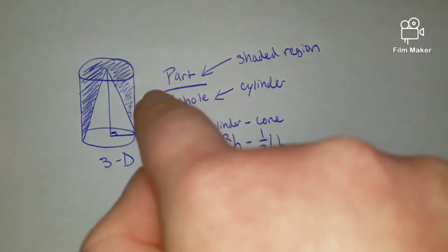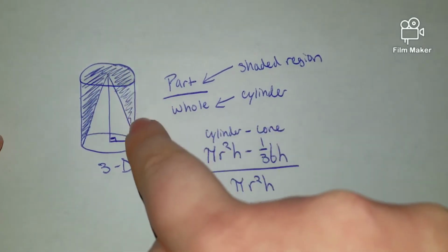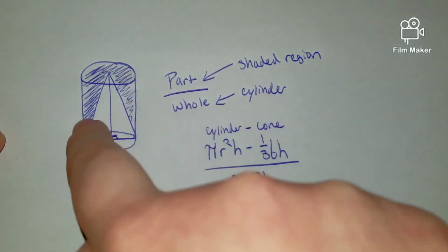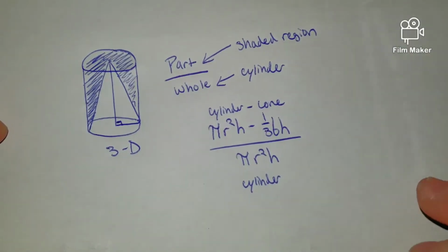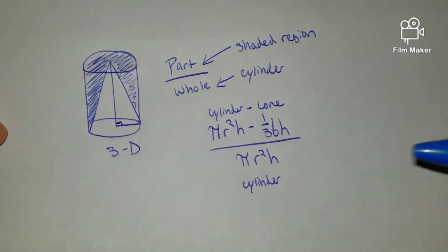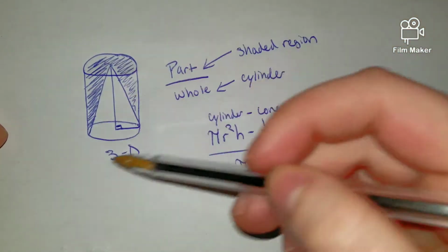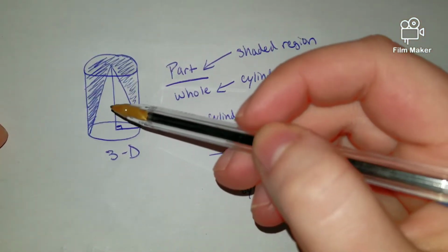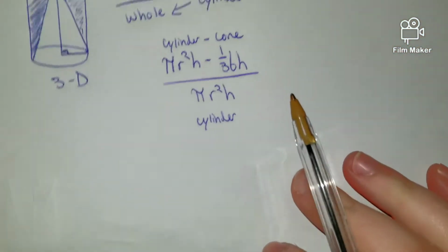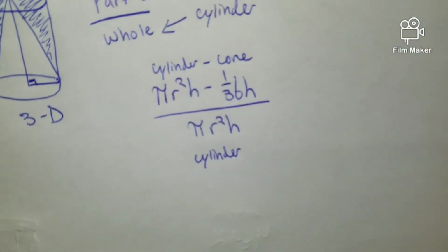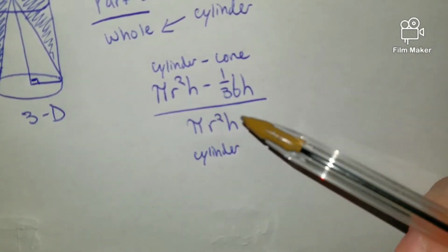We're finding the shaded region of the figure, and we are not including the cone. So the whole region minus the cone will give us the shaded region. In this expression, r stands for radius in both cases.